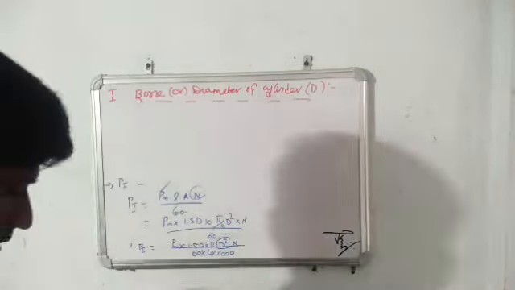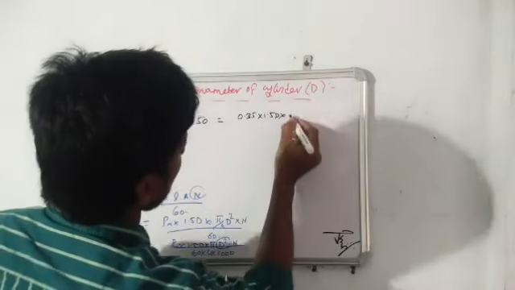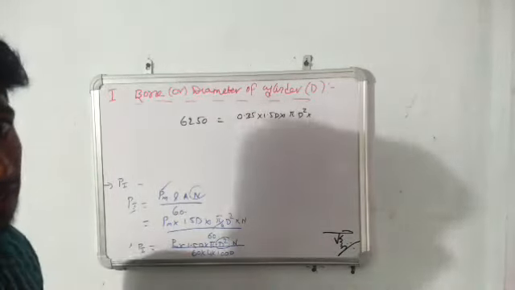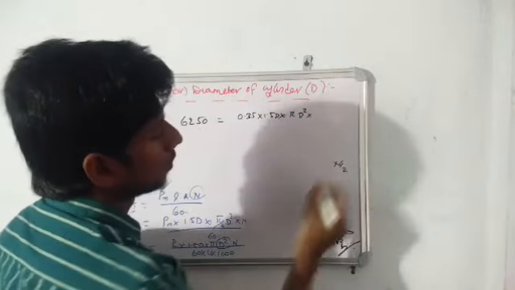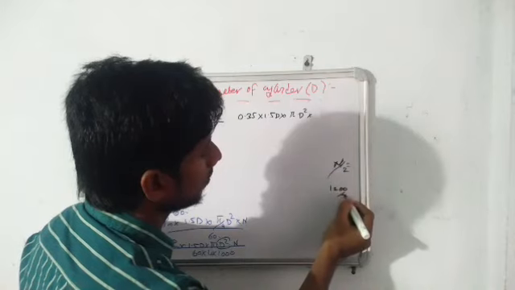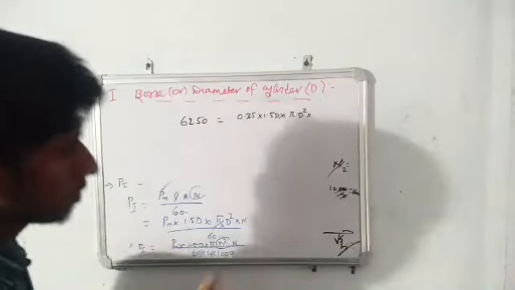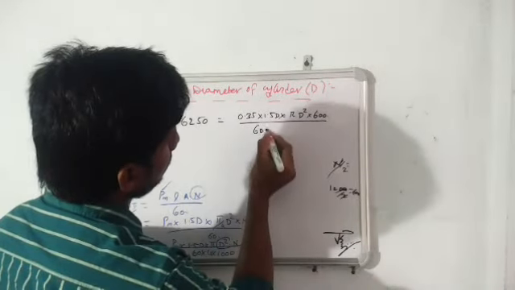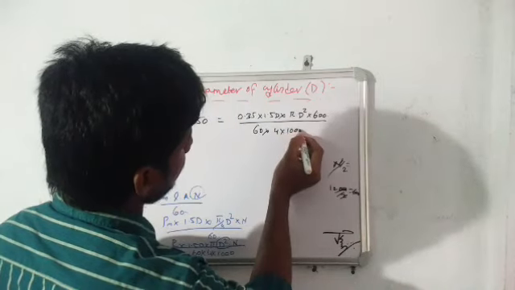By substituting those values, we know P_i equals 6250 watts, equal to P_m of 0.35, given in the problem, into 1.5 d into π d squared into N. In the case of a 4-stroke engine, we consider the engine speed as N by 2, so N of 1200 divided by 2 gives 600. Substituting that, 600 divided by 60 into 4 into 1000.